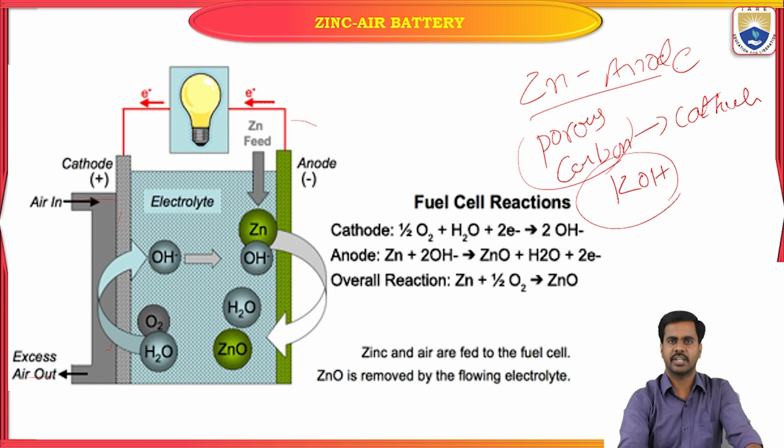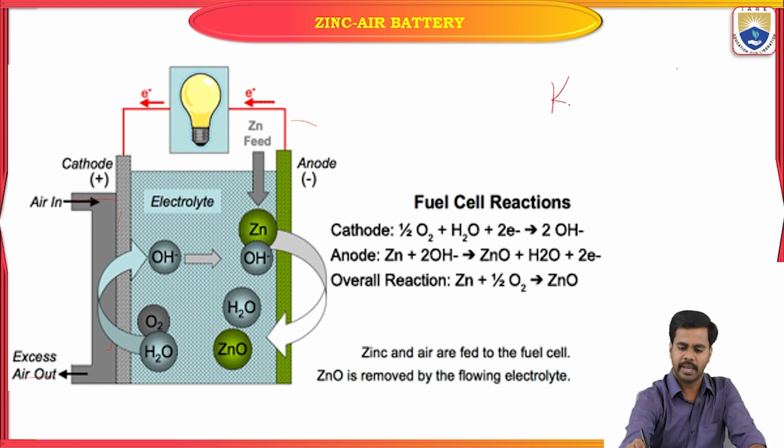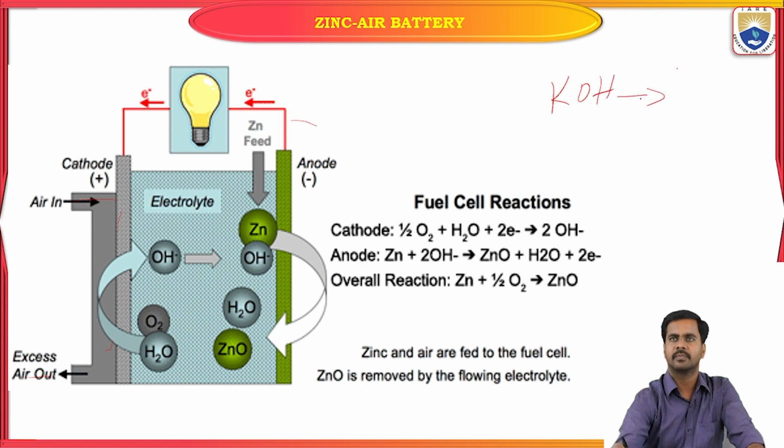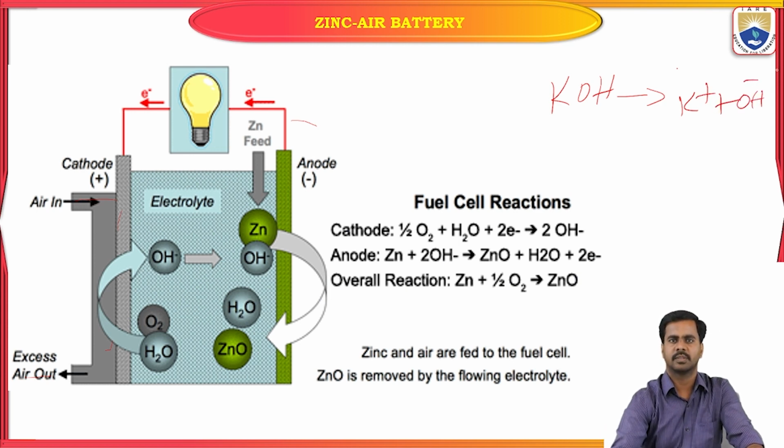So coming to the reactions at the anode, before going to the chemical reactions, first the electrolyte, that is KOH, potassium hydroxide, dissociates into K+ and OH-.